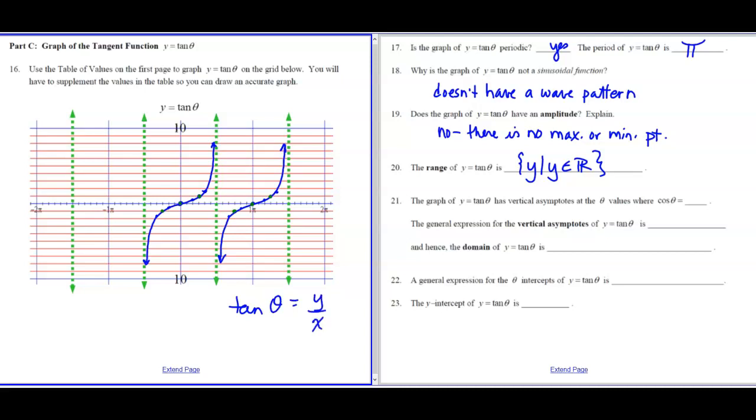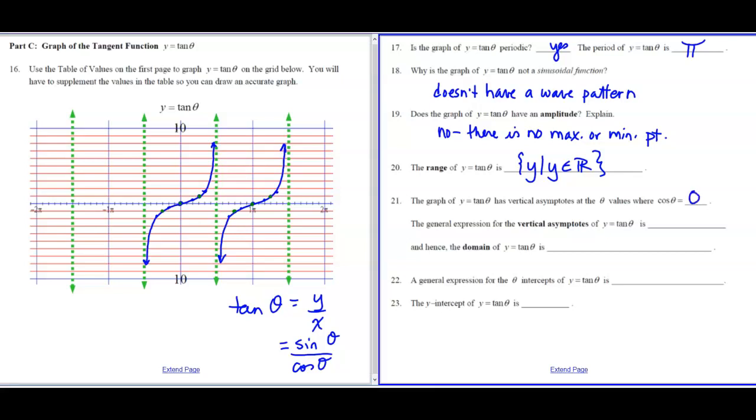On our unit circle, our y value is sine and our x value is cos. So the asymptotes are where our cos values are 0, so where cos of theta equals 0.